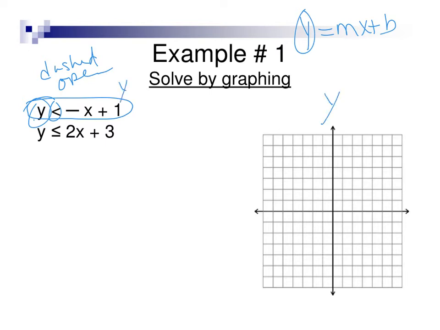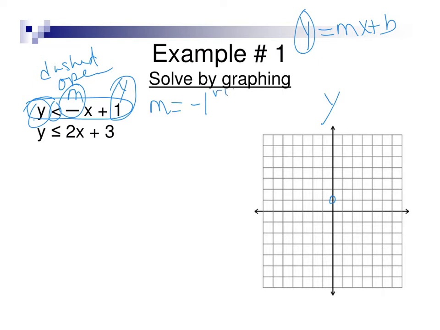My y-intercept is the number that does not have the variable x attached to it, so it's 1. So I have an open dot at 1. Then I'm going to use my slope. My slope is the number attached to x. I have a negative in front of there. There's no number, but I know that it's a 1.